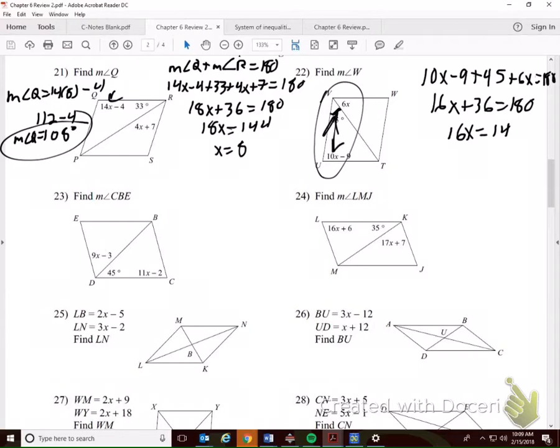These two don't have anything to do with each other. These two do. So it's not just U and UVT, it's U and UVW. When we plug all that in, we end up with x equals 9.